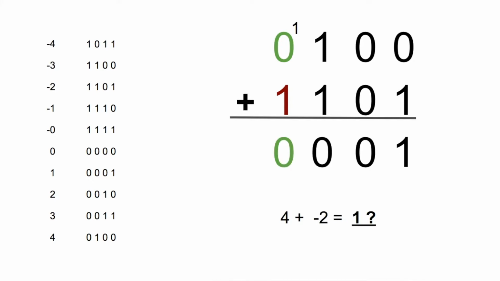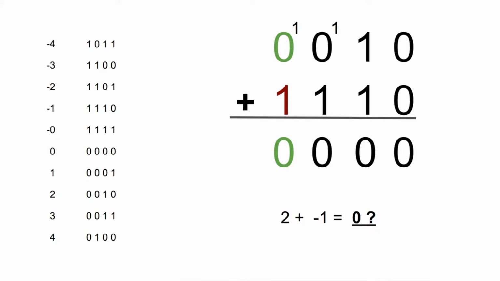Let's try a couple more additions to see if we can begin to spot a pattern. What's happening here with these 1's complement additions, which feels almost right, but not quite. Here we'll do 4 plus minus 2. This gives us positive 1 as the result, when we were expecting positive 2. So again, close, but not quite right.